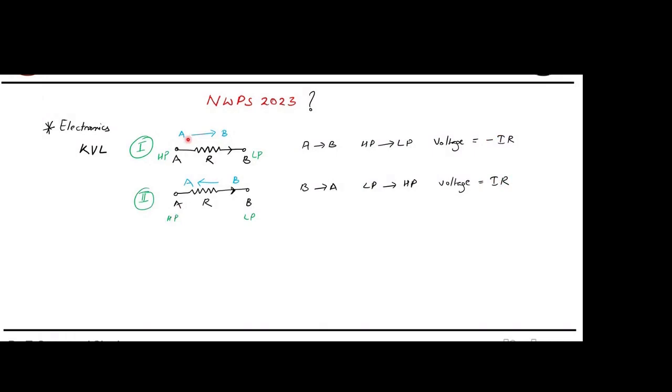In the first case, the direction of your path and the direction of your current are the same. Am I right? The direction of the path, that is from A to B, is the same as the direction of the current. Am I right? Yes, sir. So if both the directions are the same, then you take minus.